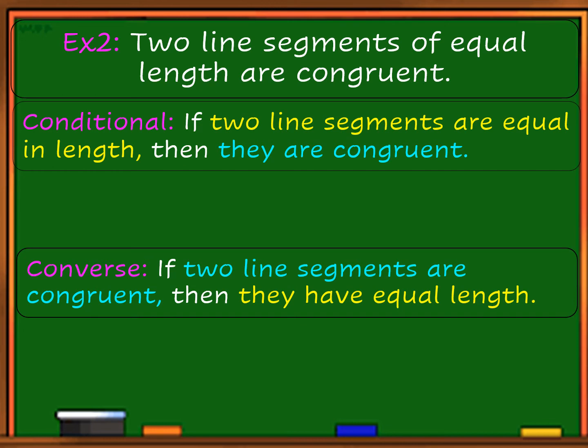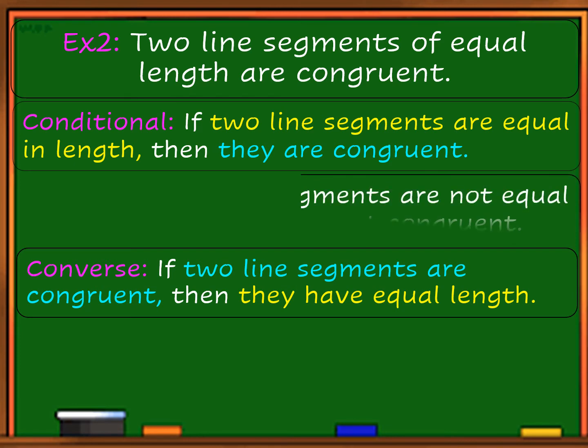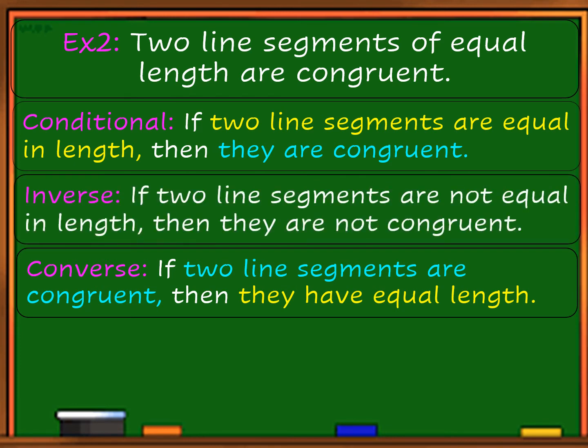If we take the negative statement of the conditional statement, we can get the inverse statement. The inverse statement can be written as, if 2 line segments are not equal in length, then they are not congruent. Take note of the word not. It makes our conditional statement negative.